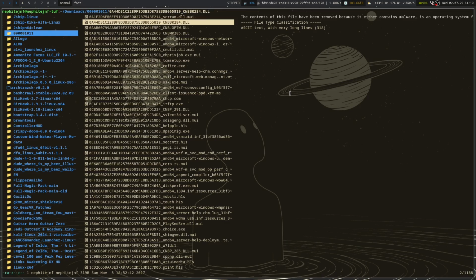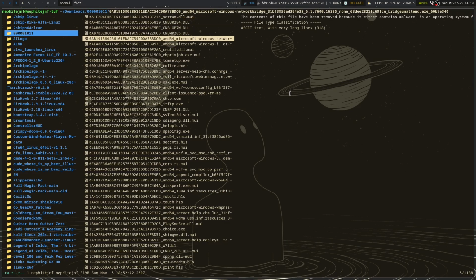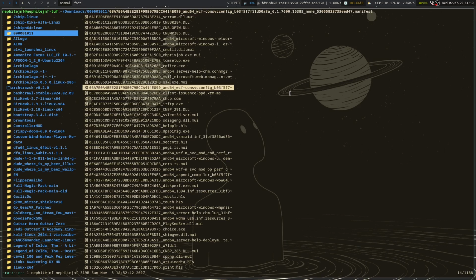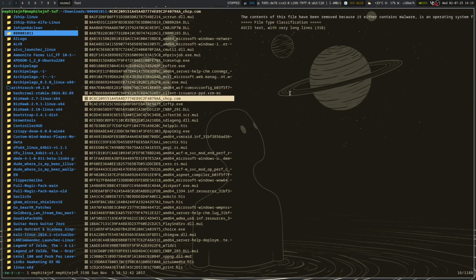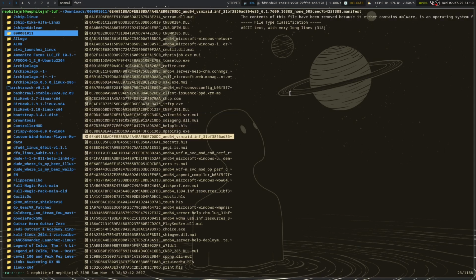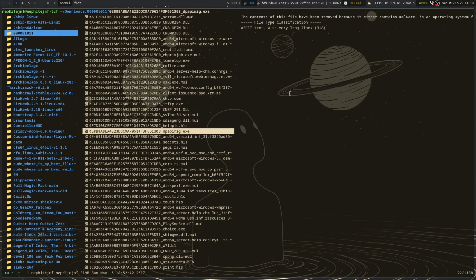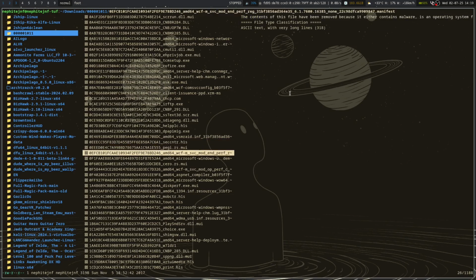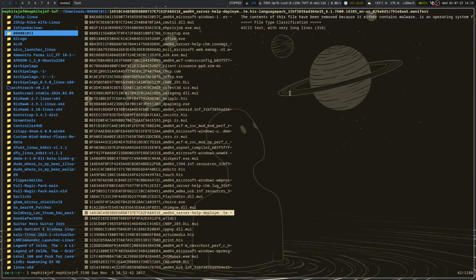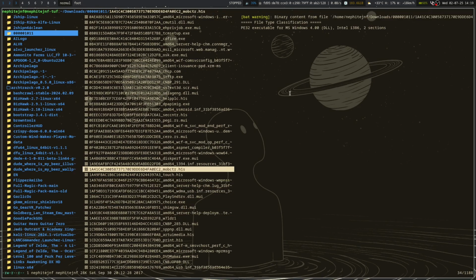Let's see. Wow, go figure. An operating system file. Okay, that's the reason why they would remove it. Got it. ASCII text with very, very long lines. What?